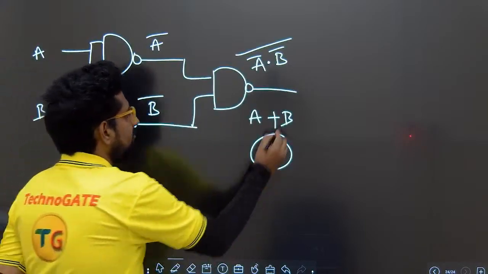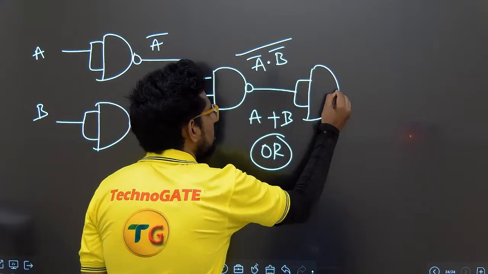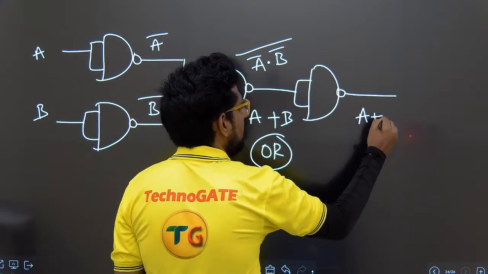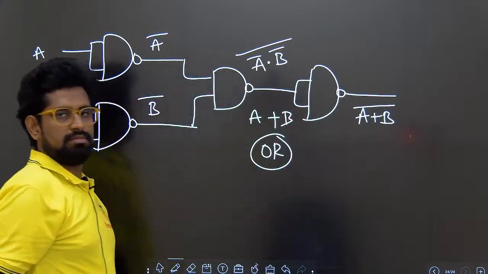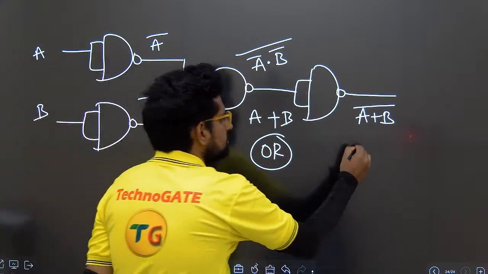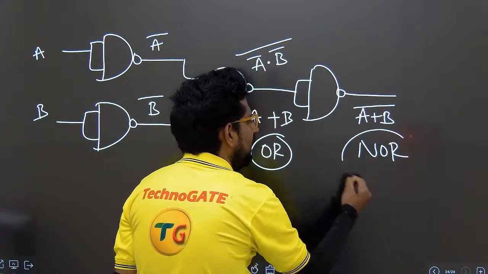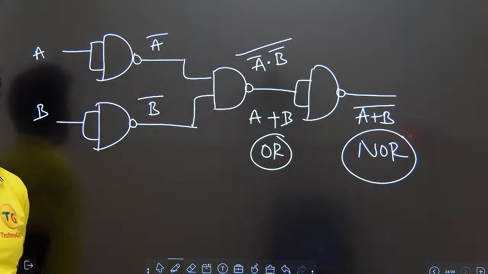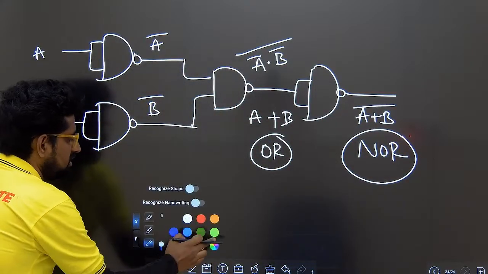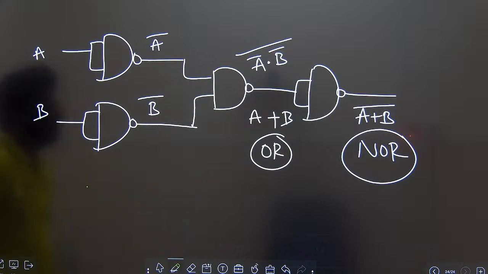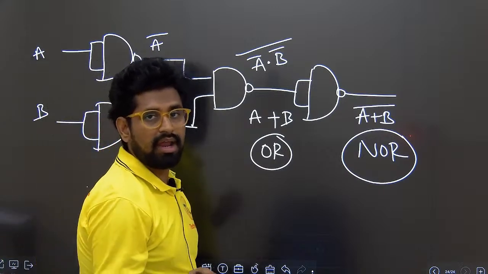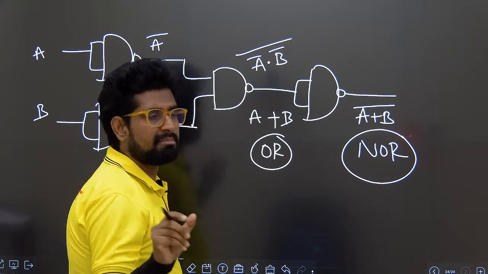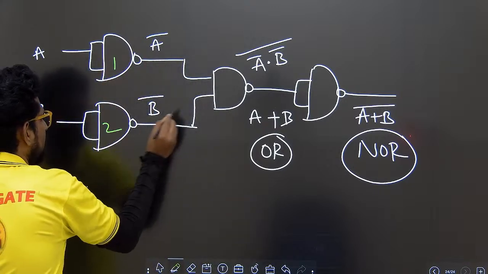Now connect an inverter. That becomes A plus B bar. A plus B bar becomes the NOR gate. In competitive examinations, they might ask you how many minimum NAND gates are required to construct an OR gate.